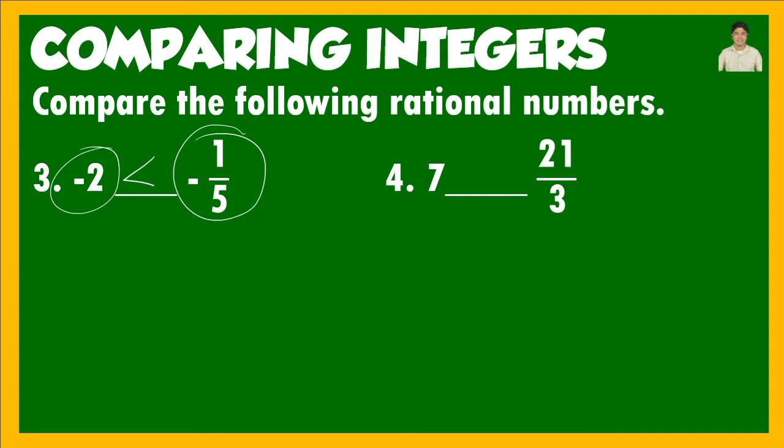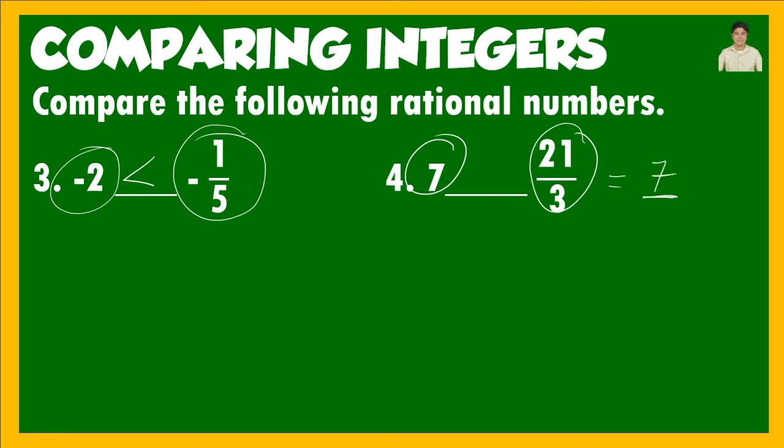Next, 7 blank 21/3. So, 7 is a whole number. 21/3 is an improper fraction. However, pwede nating i-transform or i-convert yung improper fraction na yan into mixed number or whole number by dividing. So, 21, divide natin sa 3, that is equal to 7.